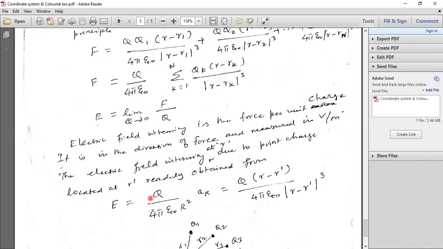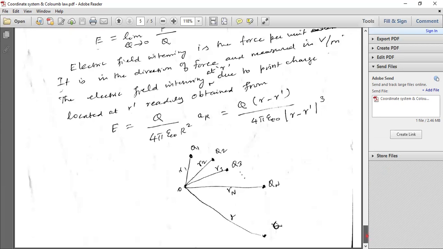This is the source charge, and we are measuring the field at a distance of R, and at that field point we have assumed 1 coulomb of charge. The force acting on 1 coulomb of charge due to this source charge Q is defined as electric field intensity.